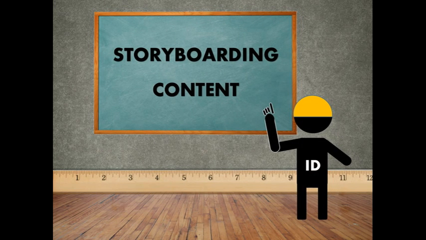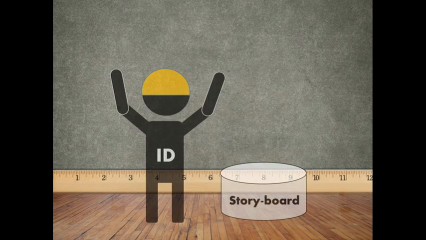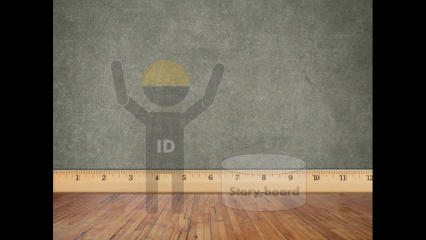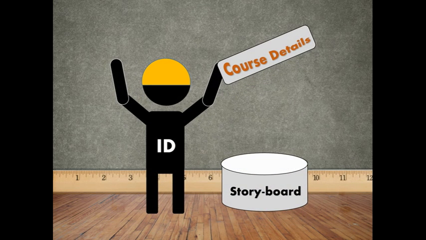One question several students and newbies ask is, what degree of detail should be included in my storyboard? I have always answered by saying your storyboard should contain as much detail as needed as a guide for you. Typically, you want to include the course details, which includes the title, the client's name, number of slides, and your learning objective.